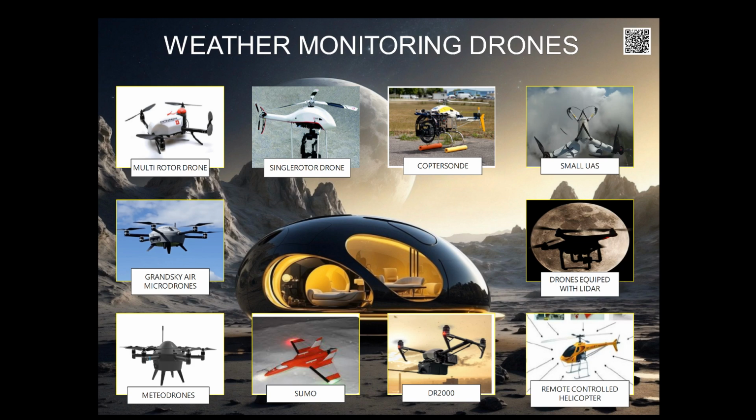So let me recapitulate. First one is the small unmanned meteorological observer. Oh, sorry, this SUMO I have not discussed, and the remote controlled helicopter I have not discussed. The small unmanned meteorological observer, or SUMO, is also developed for weather monitoring, and they can work 3,500 meters above ground, and they are approved for horizontal surveys up to 4 kilometers away from the launch site.